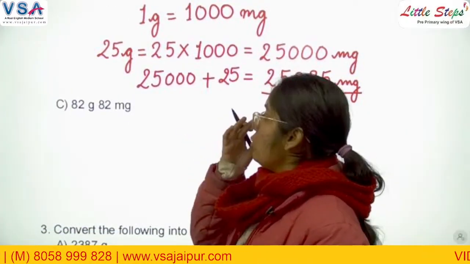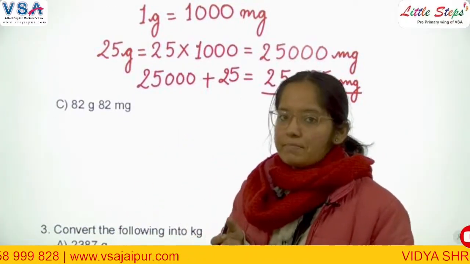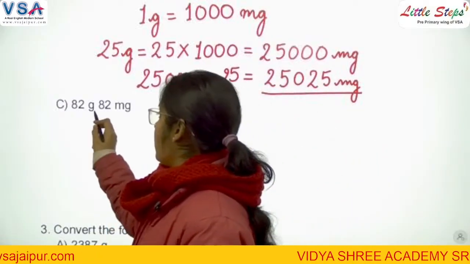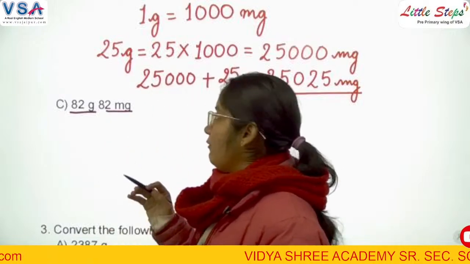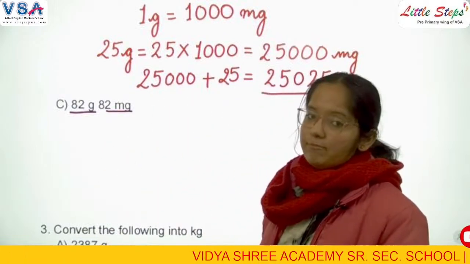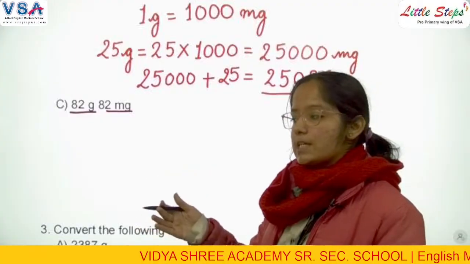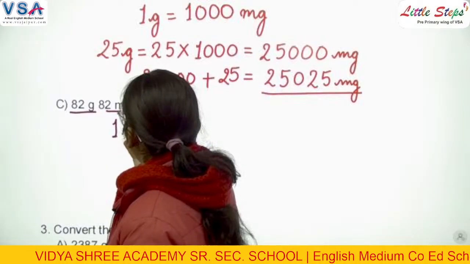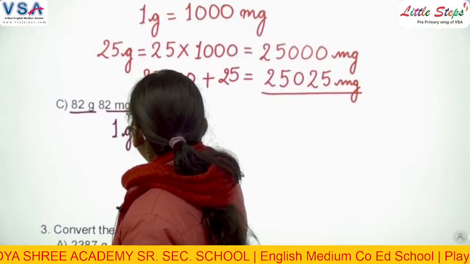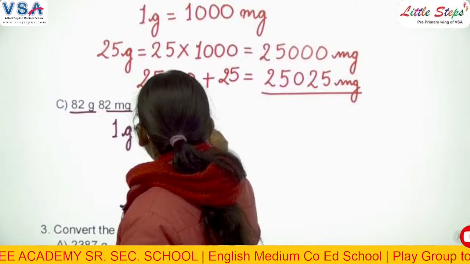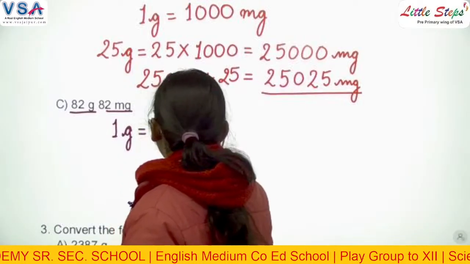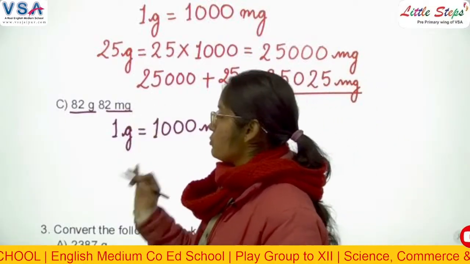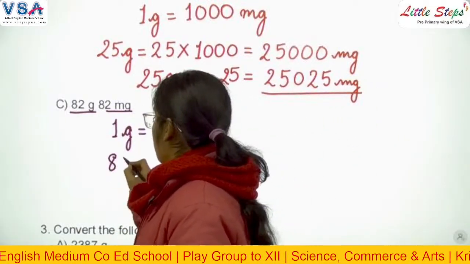Next, 82 grams, 82 milligrams, we have to convert it into milligrams. Now we have gram and we have milligram. When we convert grams into milligrams, we know the basic thing that 1 gram is equal to 1000 milligrams. How many grams do we have here? We have 82 grams.